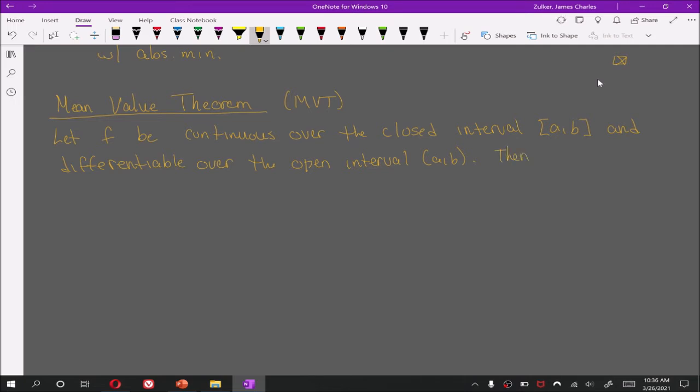Then there exists at least one point c in a to b such that f prime of c is f of b minus f of a over b minus a.